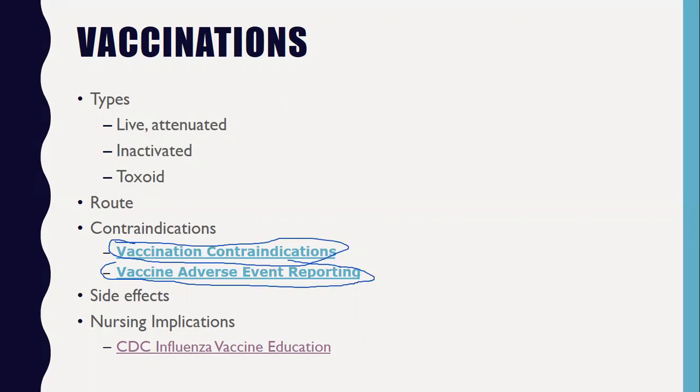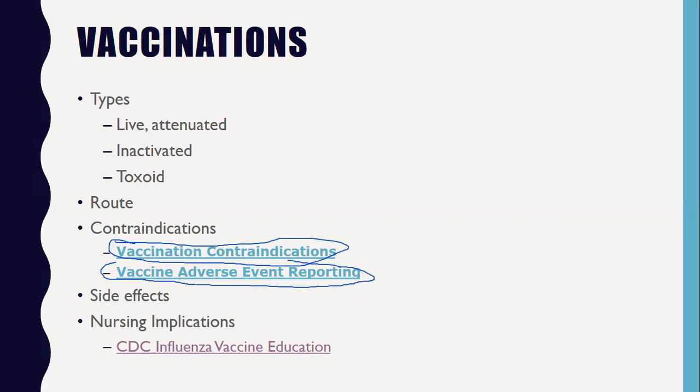Nursing implications when you are giving vaccinations are going to include providing parents and adults, if that's who you are administering vaccinations to, with appropriate vaccine information, including the benefits and problems. Making sure the immunizations are given accurately.